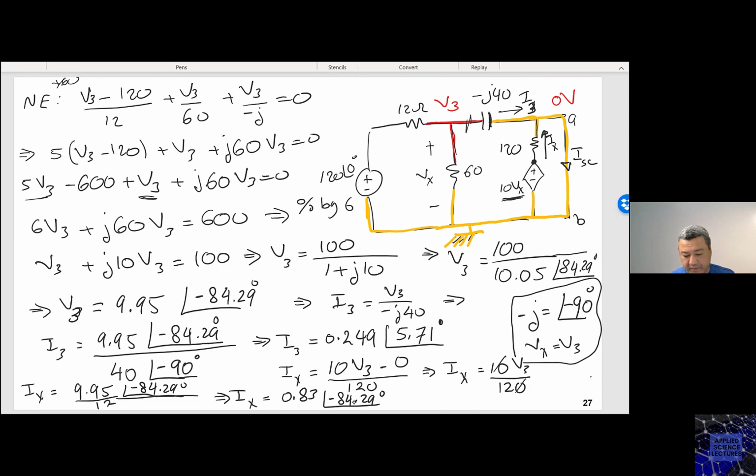So this is Ix, right? I found I3, I found Ix, and now I need to write the KCL at A. So let me write KCL at A. What do I get? I have I3 entering. I have Ix also entering. And I have I short circuit leaving, which means that I short circuit is the summation of Ix and I3.